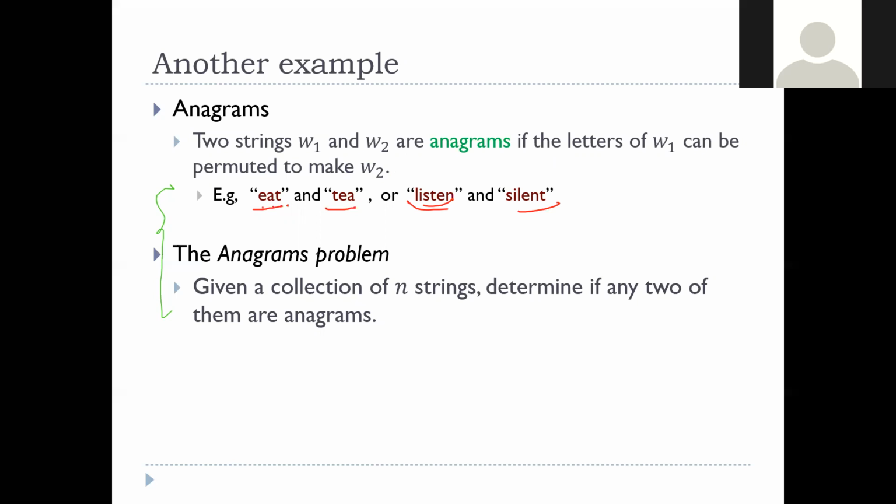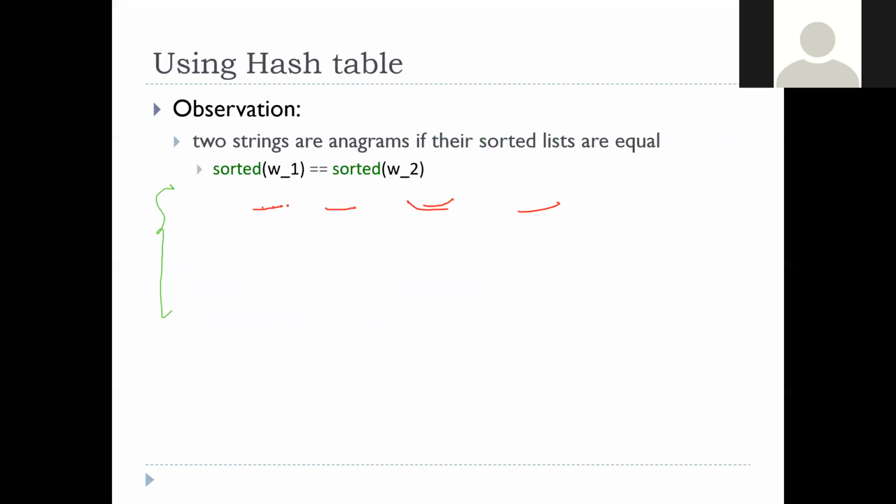Okay. All right. So how do we solve this problem? Again, you can first spend a couple of minutes to think yourself. Well, the observation is that because the strings are just permutations of each other, if you now sort both strings, or sort all the letters alphabetically, then their sorted lists have to be exactly the same.